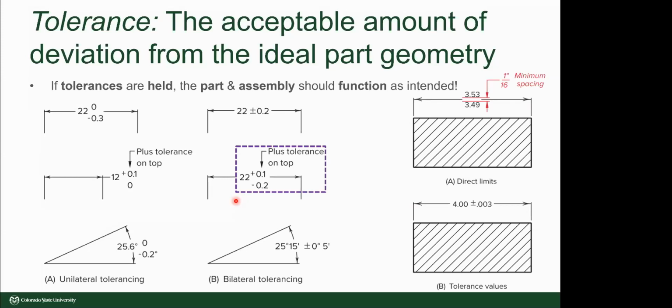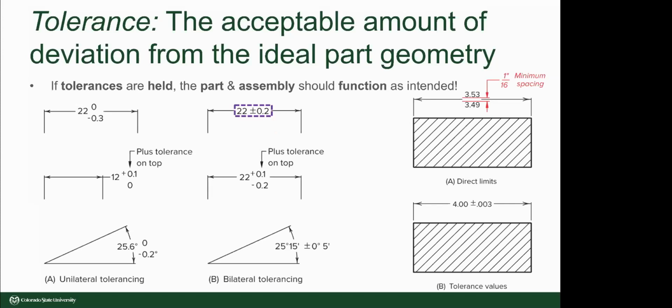And so as long as the feature on this part that this dimension is controlling is between those two values, we're satisfied that whatever purpose this feature is being used for, it's going to function as intended. And then we have equilateral tolerances, which are just bilateral tolerances that have the same deviation in both directions. And that's indicated by that plus minus symbol with the same level of tolerance on each side.